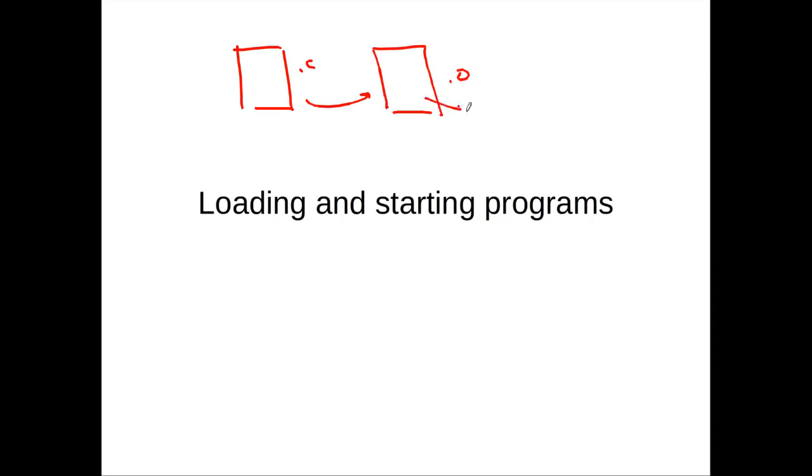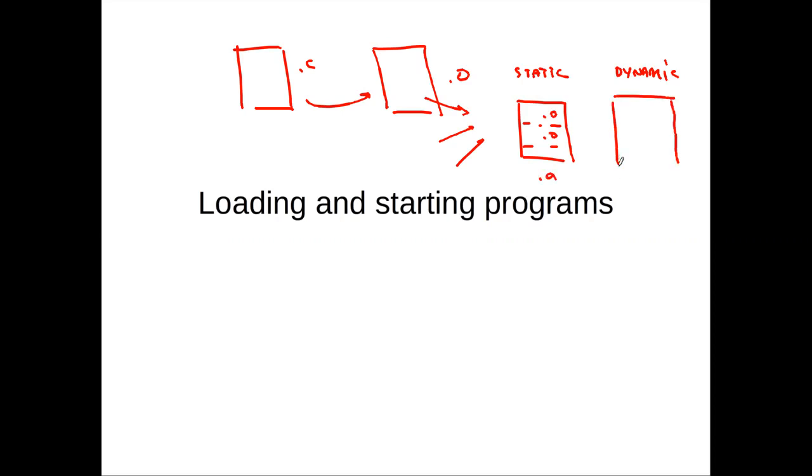We can now assemble object files into 2 kinds of libraries, right? So static and dynamic, right? So static libraries are just a collection of object files. It's .o, extension .a. Dynamic is largely the same, but with some additional tricks, right?